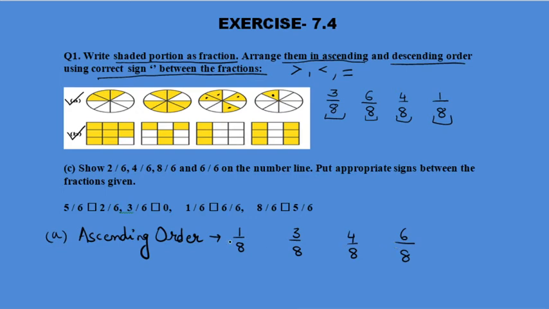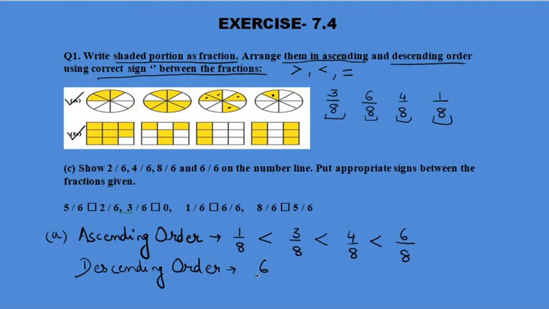So you will put signs like this. 1 by 8 is less than 3 by 8, 3 by 8 is less than 4 by 8, and 4 by 8 is less than 6 by 8. So this is the ascending order, and now we'll write down the descending order. Descending order is fractions from greatest to lowest.